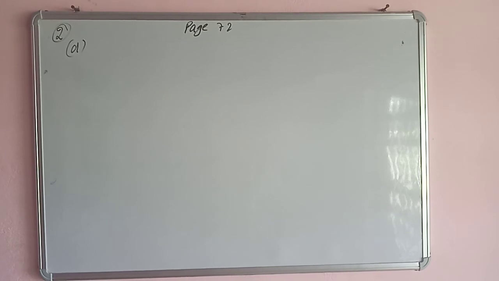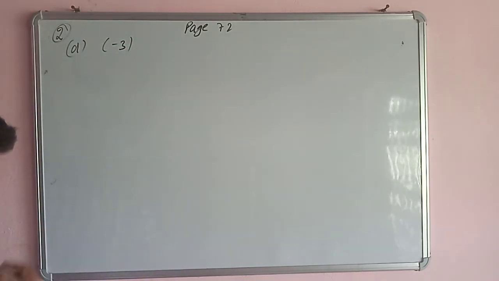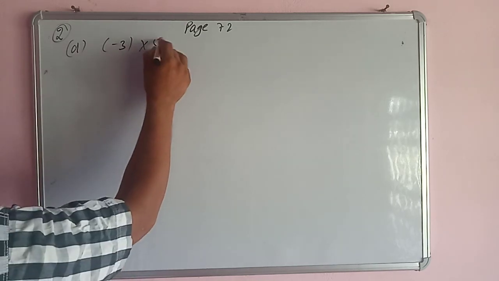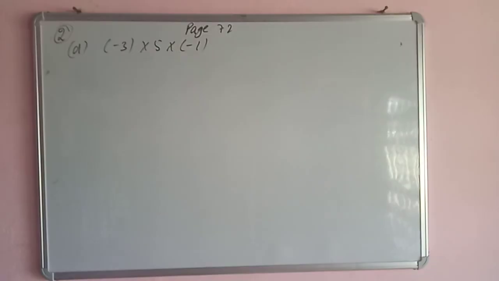And in the next part D, the question is simplify and write its opposite. The given numbers are minus 3 multiply 5 multiply minus 1. First of all we will simplify it.